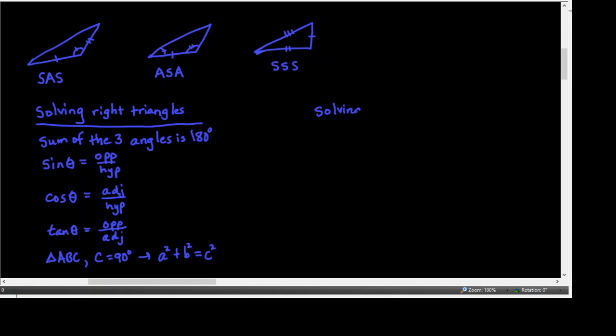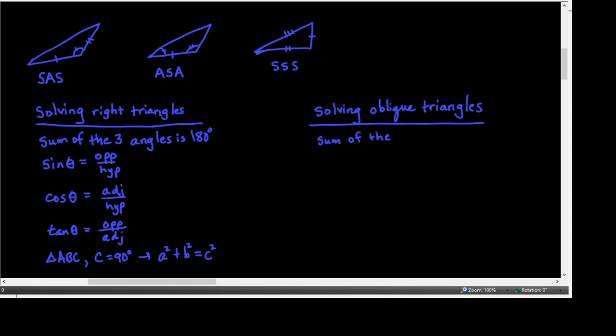Now, if a triangle is not a right triangle, it's called an oblique triangle. And very little from that list over to the left actually pertains to this, because most of that is only true for right triangles.